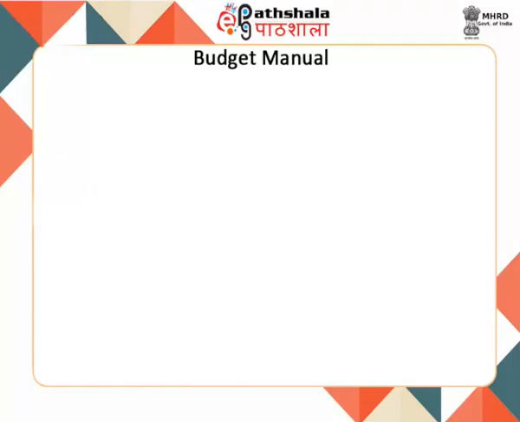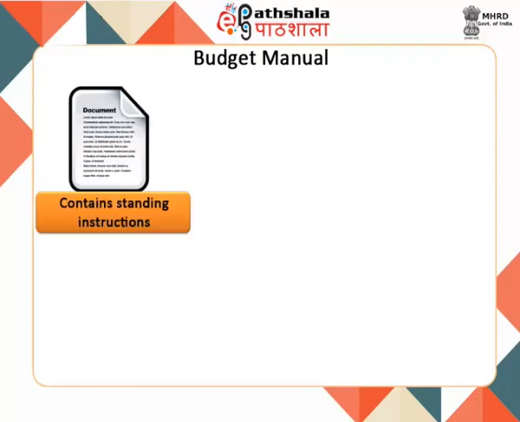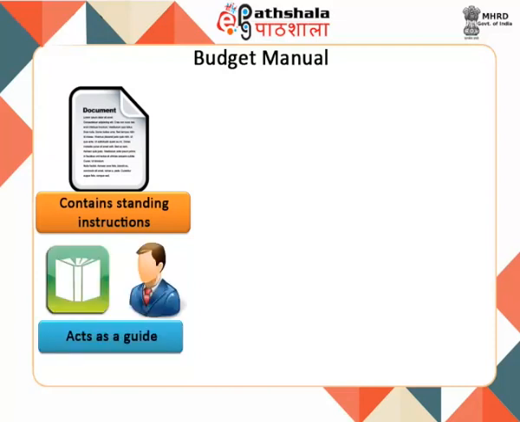Budget Manual. It is a document which contains standing instructions with respect to the procedures to be followed and the time schedules to be observed while making budgets. It acts as a guide in the hands of budget officers and all the functional heads and prevents the need for frequent instructions from the top level management.